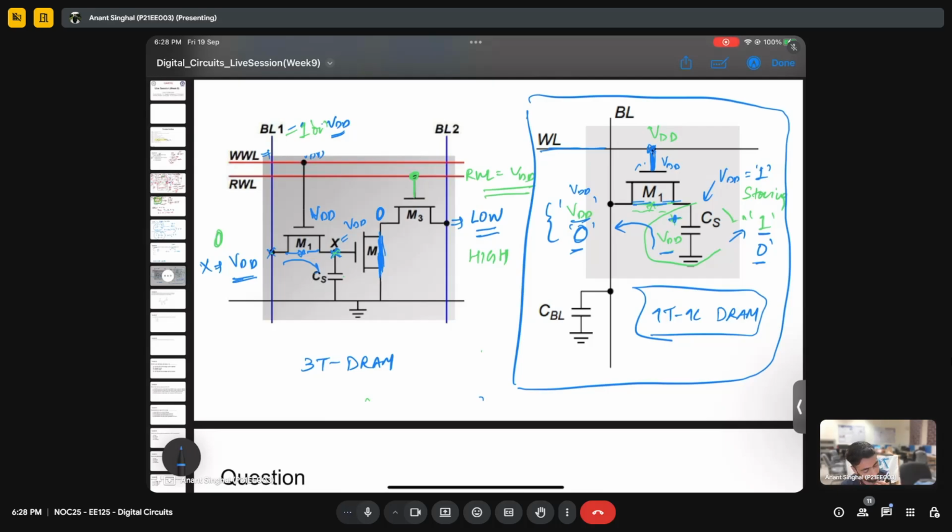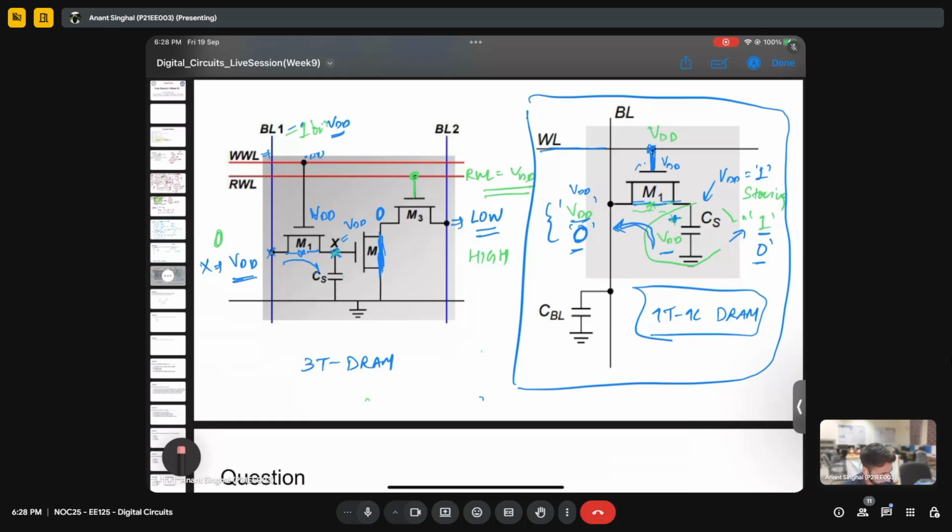And if it was grounded to zero, it means that last time we had stored zero. So if you give 0, there is a discharging path. So now you can see that this actually has a 0 there, if it was initially 0. Does it make sense?